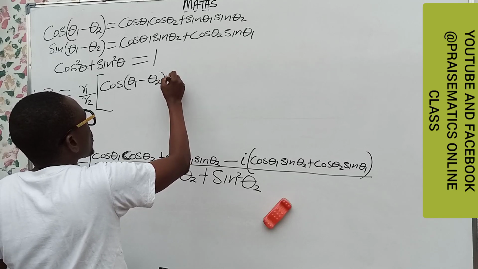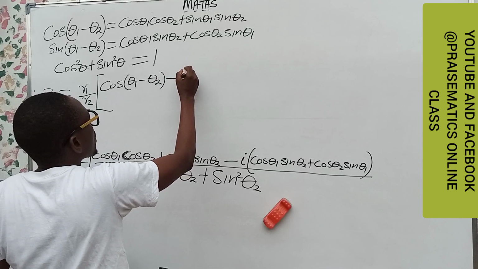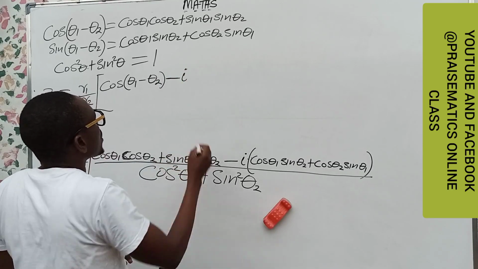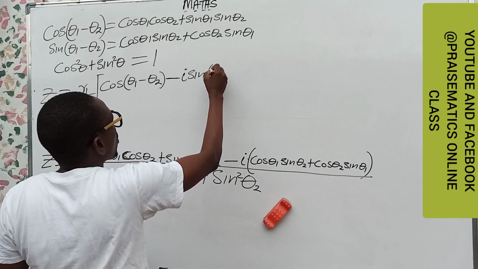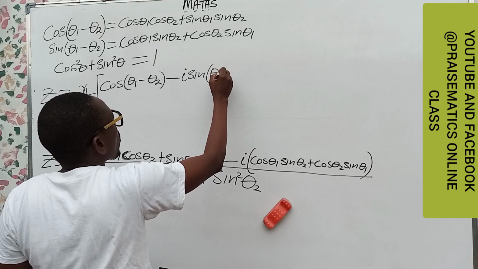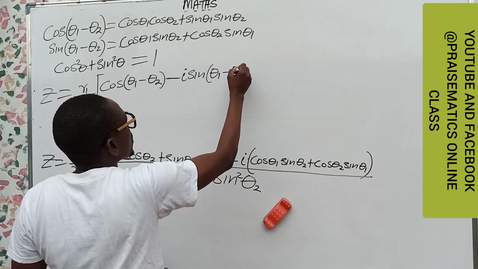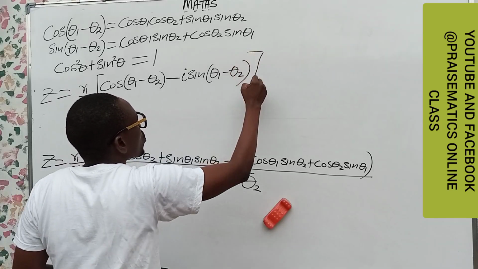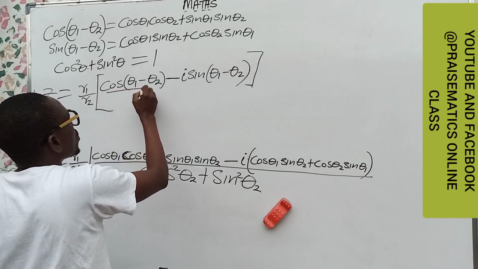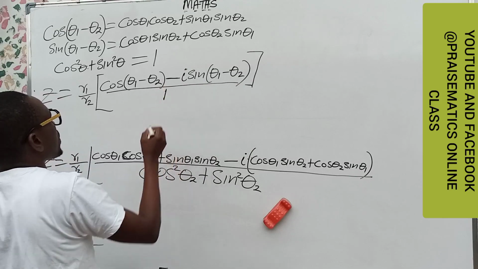Minus i sine of theta 1 minus theta 2, close it, all over 1.